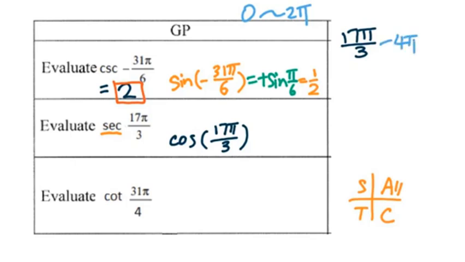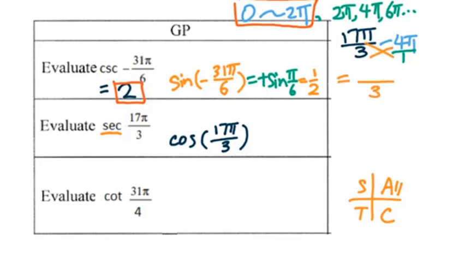Remember, you need to subtract 2 pi, 4 pi, 6 pi, that's an even number of pi, to get the coterminal angle between 0 and 2 pi. So I put over 1. Then you can cross multiply. The denominator is 3. This is 17 pi minus 12 pi. That's you get 5 pi over 3.